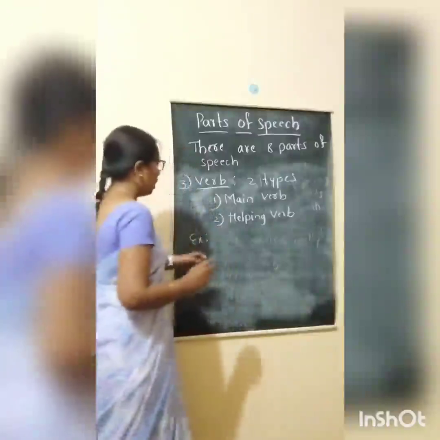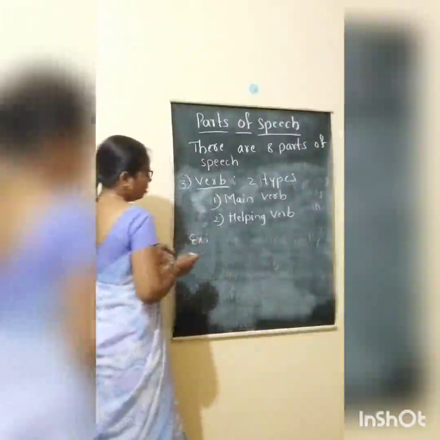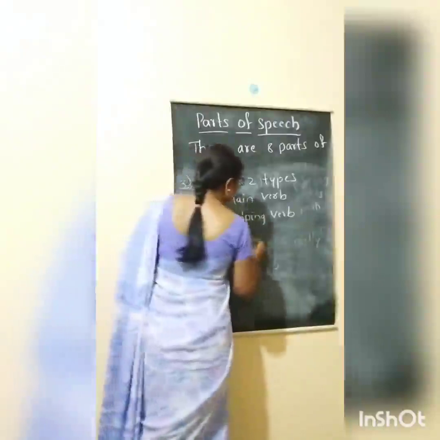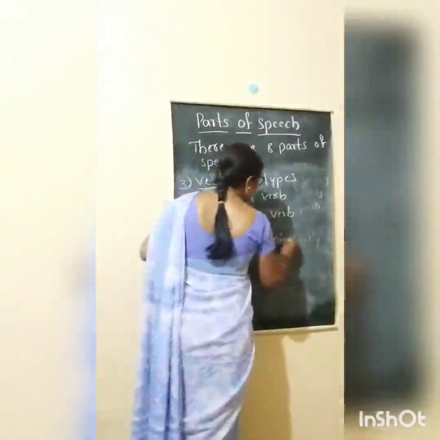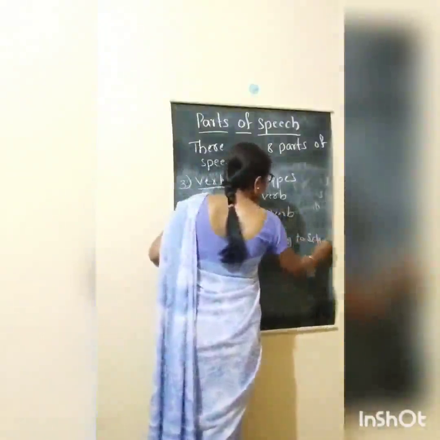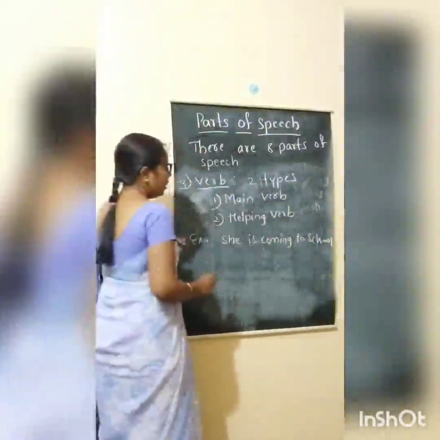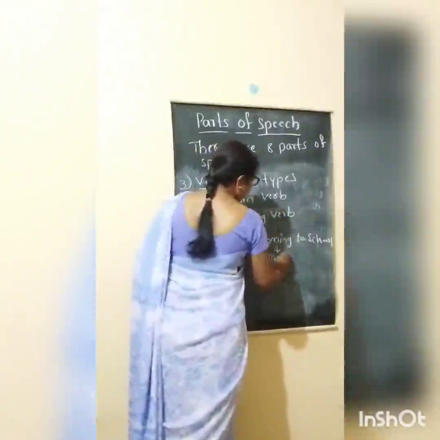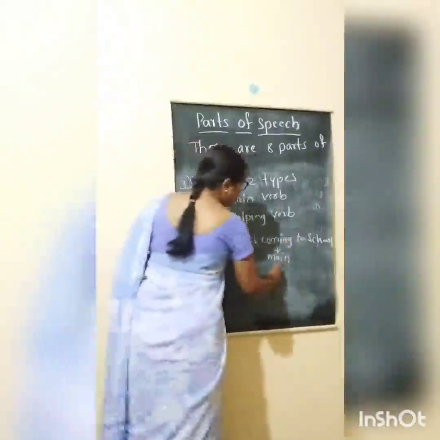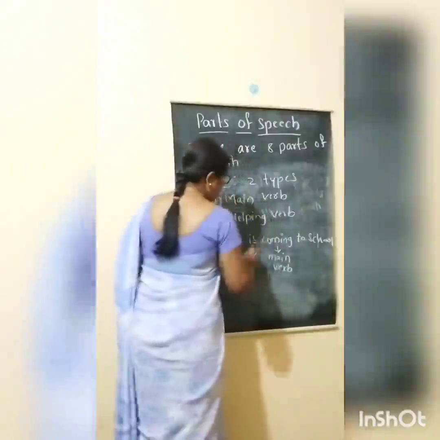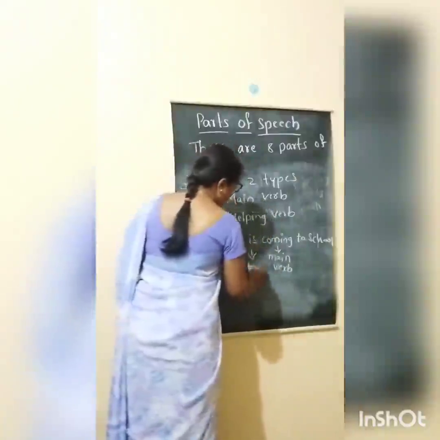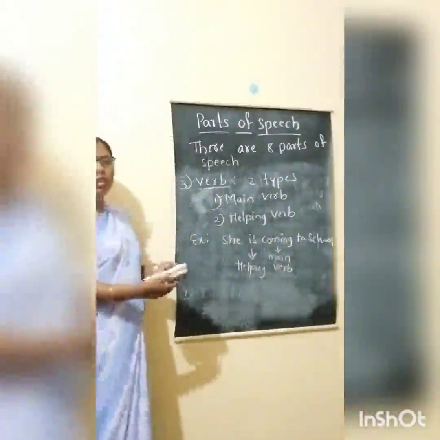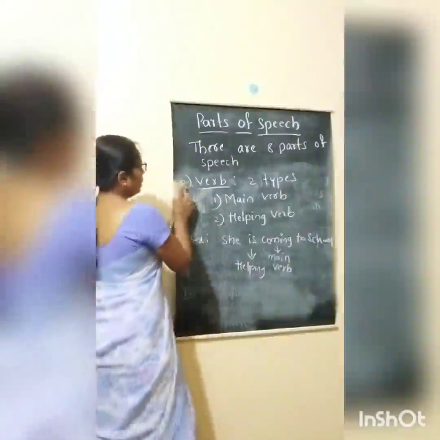For example, I take one example sentence: she is coming to school. Here, main verb is coming. This is a main verb. Is is a helping verb. Now I will explain the fourth one, that is adverb.